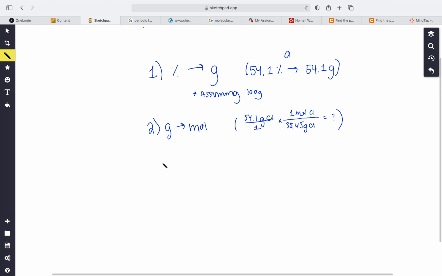And then from that, you're going to do that to the other percentages that you're given. But once you do that, you find the mole ratio of each.